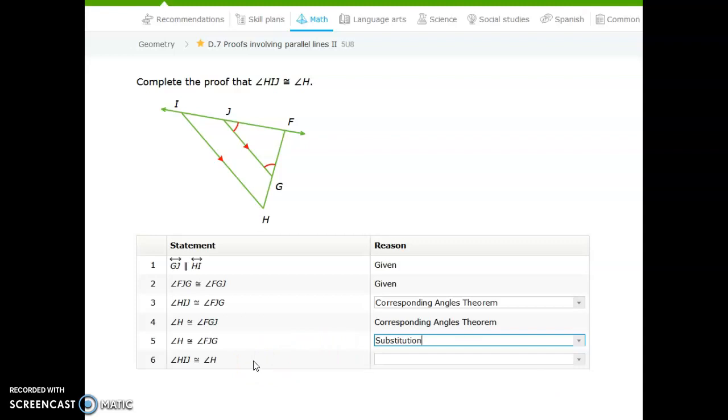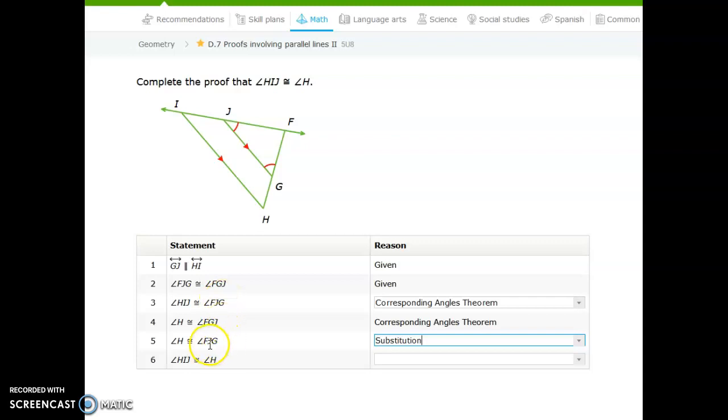And now let's take a look at the very last line and let's do the same thing. Let's see if we can figure out where they've come up with this line. So HIJ is congruent to H. I'm going to jump up because I see HIJ up here on line 3. And it says that HIJ is congruent to FJG. And look at that.